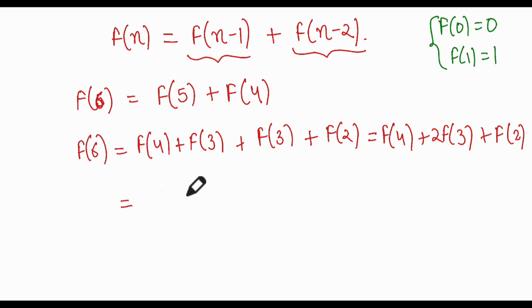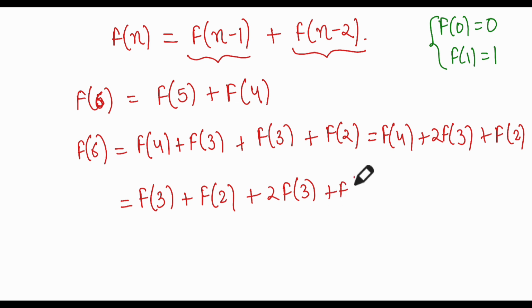So we break 4, it will be Fibonacci of 3 plus Fibonacci of 2. Then it will be 2 times Fibonacci of 3 plus Fibonacci of 2, correct? And now it will be equal to 3 times f3, plus 2 times f2.